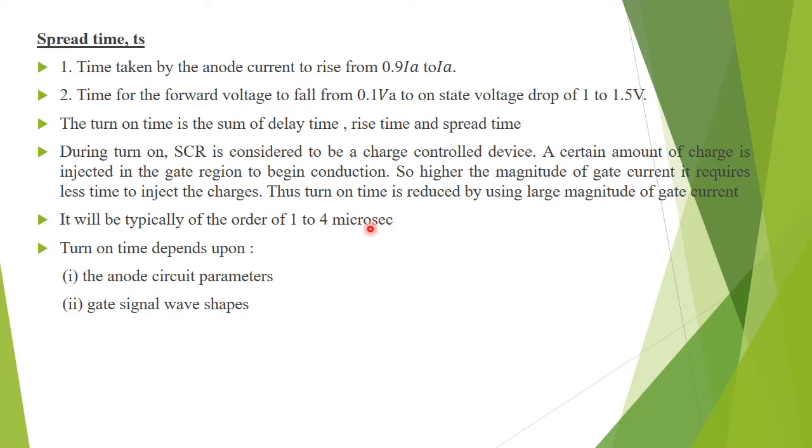By varying the magnitude of the gate current, this turn on time can be varied. The turn on time for the SCR typically ranges between 1 to 4 microseconds, and it mainly depends upon the anode circuit parameters, that is anode voltage and anode current, and the gate signal wave shapes.